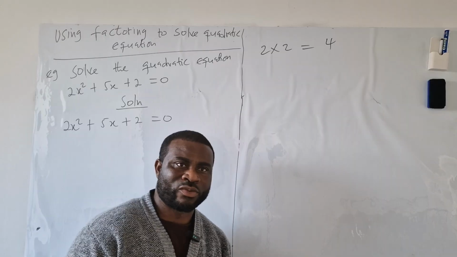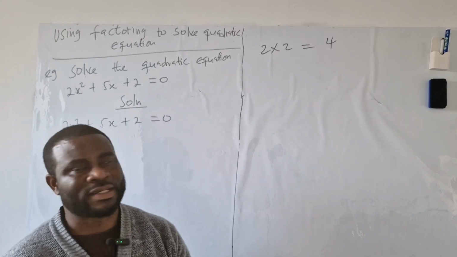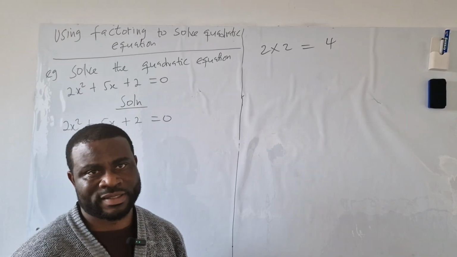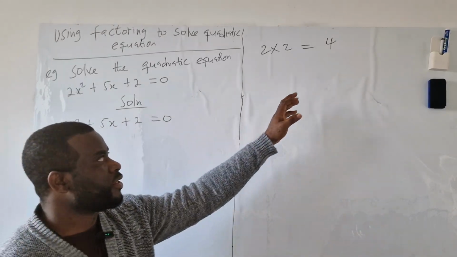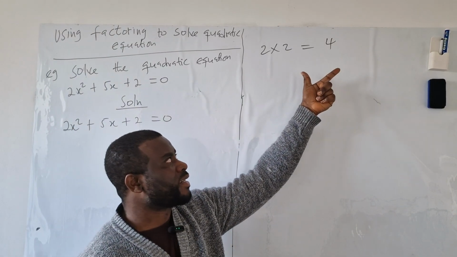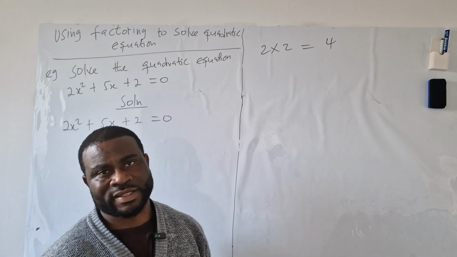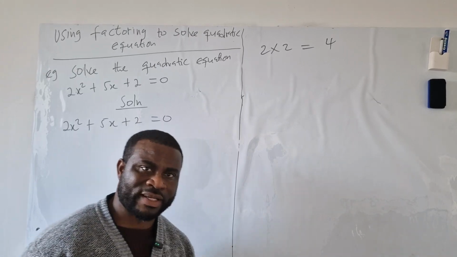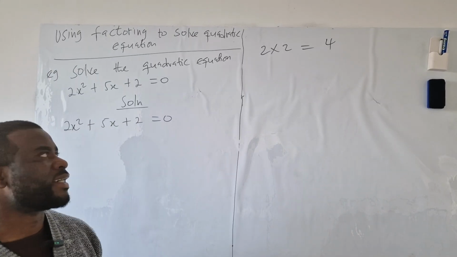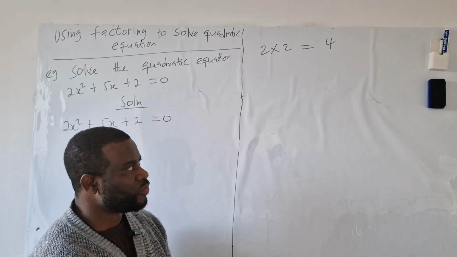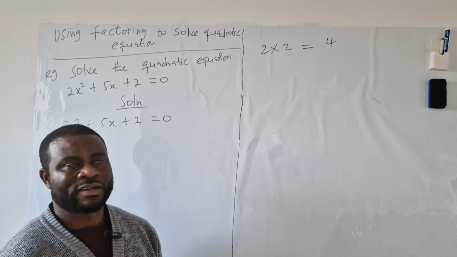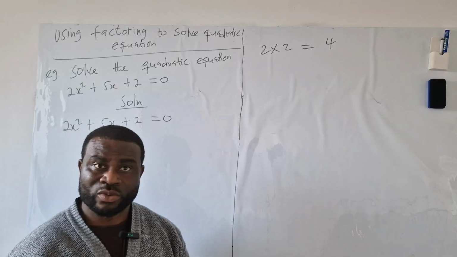Now, finding the factors, we look at both the positive factors and then the negative factors. For the benefit of this method, we need to look for both. Once we get the positive factors, we're able to get the negative factors as well. And what do we do with these factors?